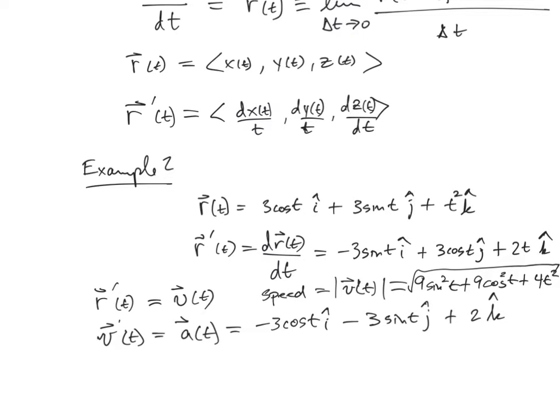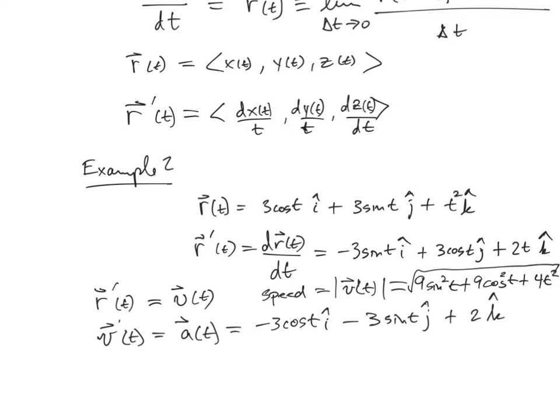Because sine squared plus cos squared is 1. Take the 9 out. 9 plus 4t squared. Okay, so again, it's just an example. These vector functions can represent physical quantities. Obviously, that's how we use them to be of benefit to us.